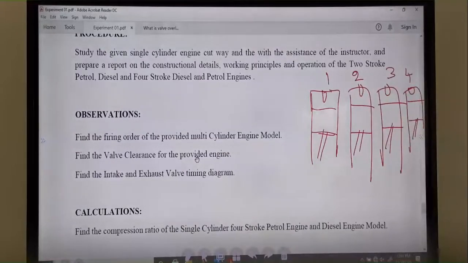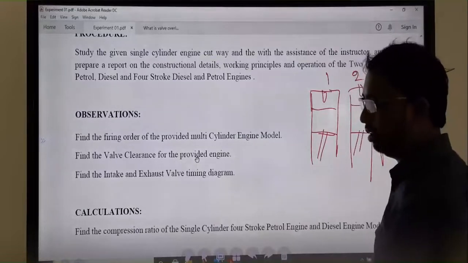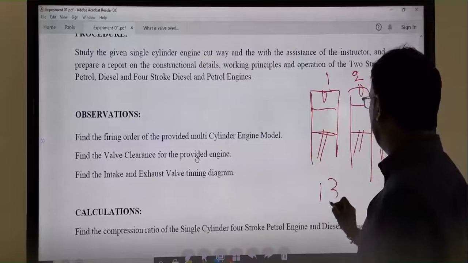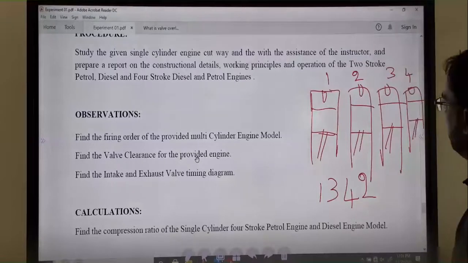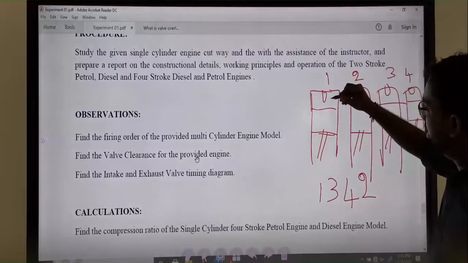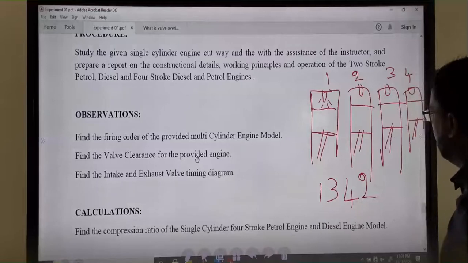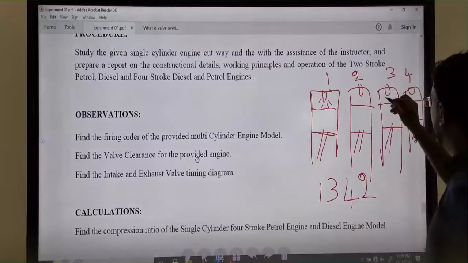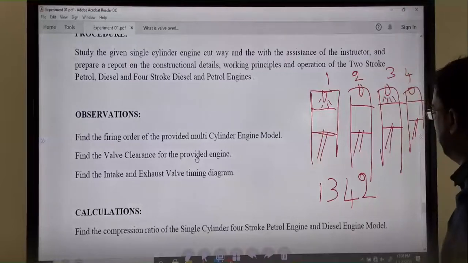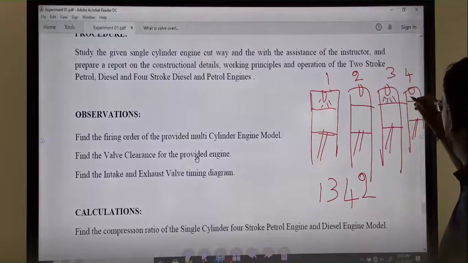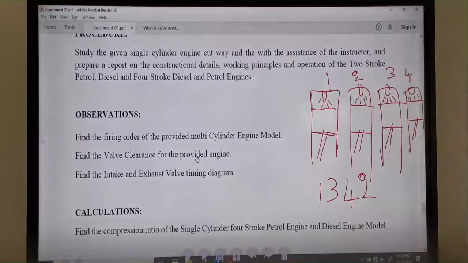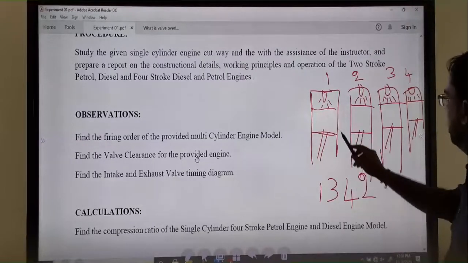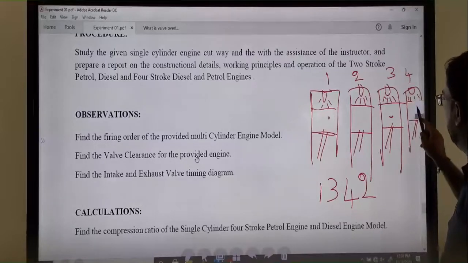So there's a firing order. Normally the 4-stroke firing order is 1, 3, 4. That means first this cylinder starts to fire, then the third cylinder fires, then the 4th cylinder, and finally the second. So we get the power stroke order 1, 3, 4, 2.